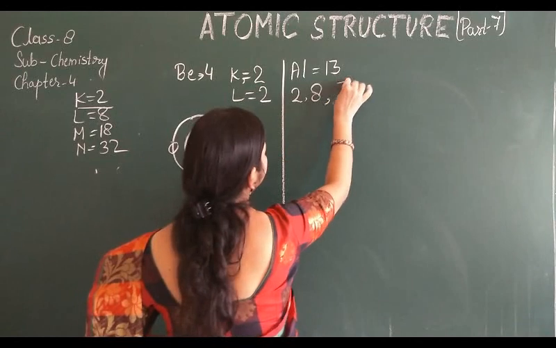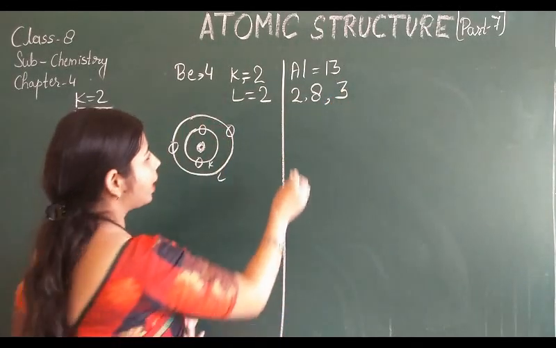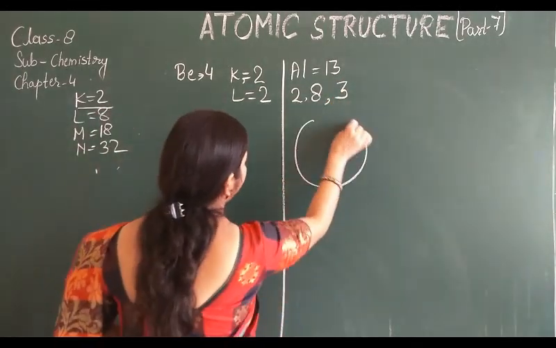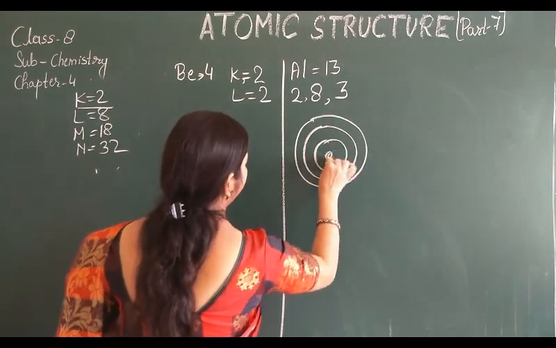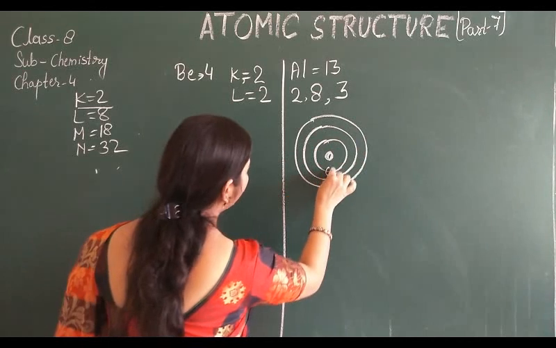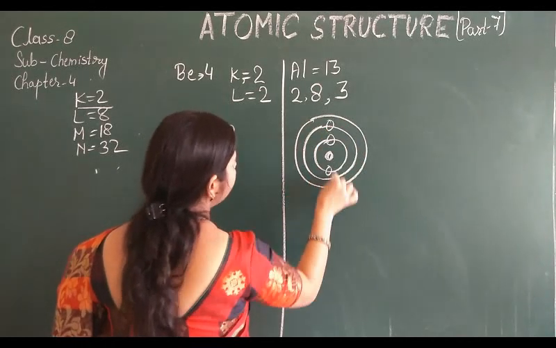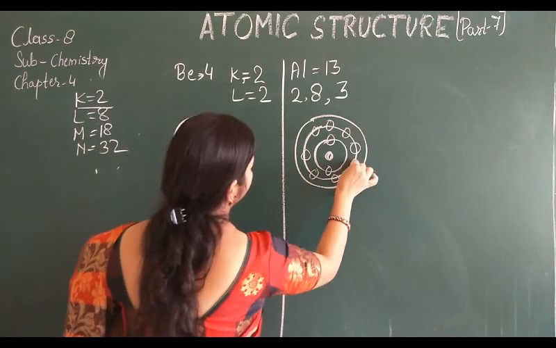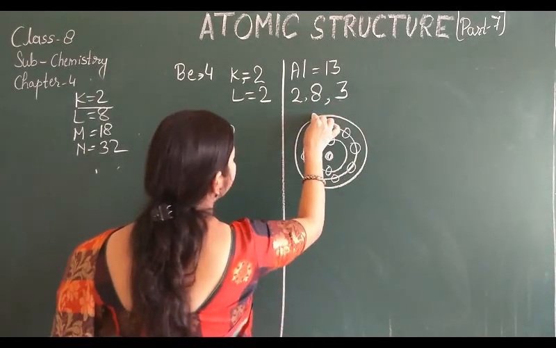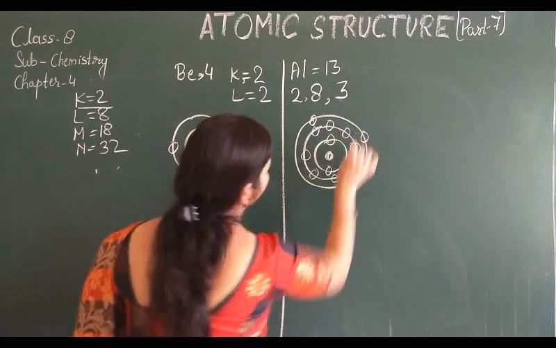So the next shell is having the 3 electrons. And how we can configure it here? First shell 2 electrons, second shell 8 electrons, and third shell only 3 electrons.